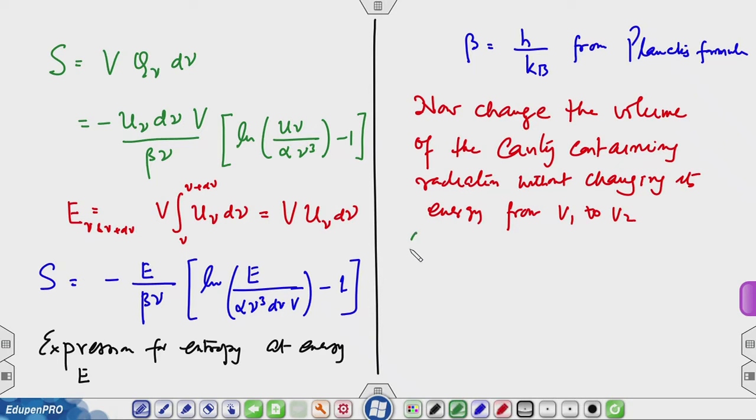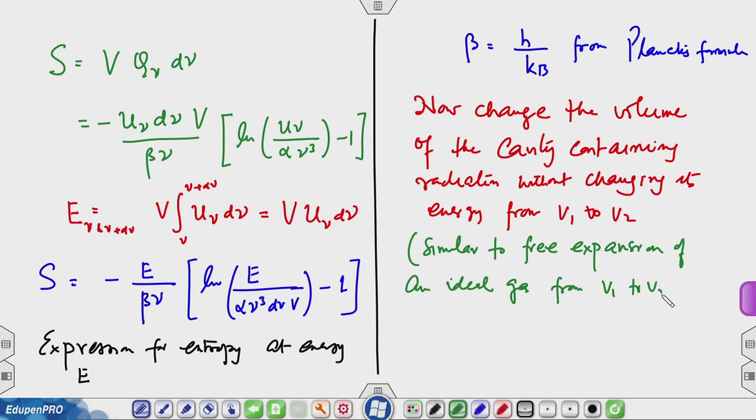So this is similar to free expansion of an ideal gas from V1 to V2. Remember, in free expansion, there is no change in the energy. And then you get here S2 minus S1 is equal to E divided by beta nu log of V2 over V1.